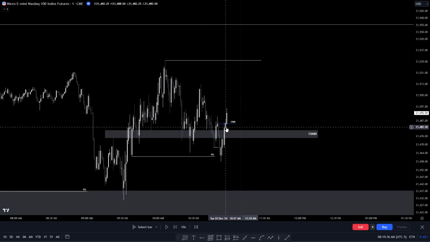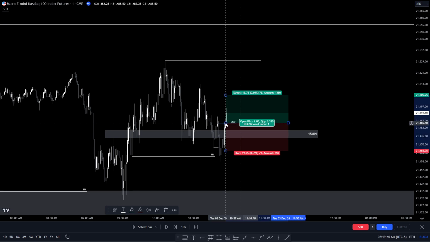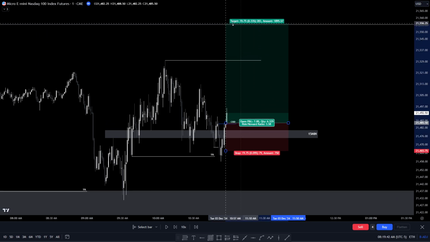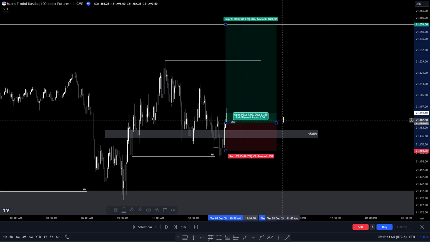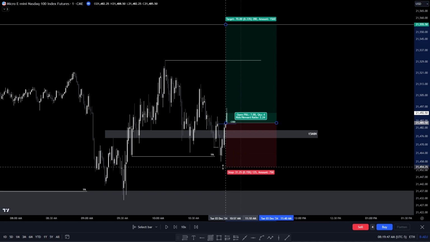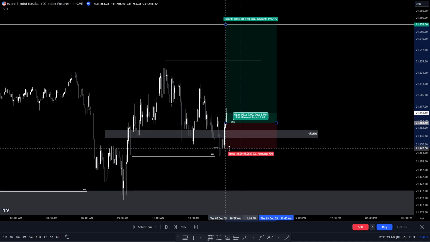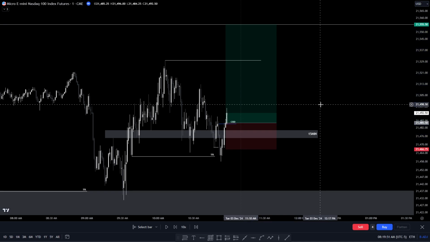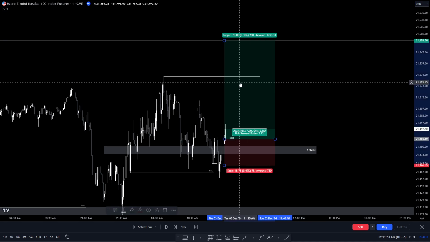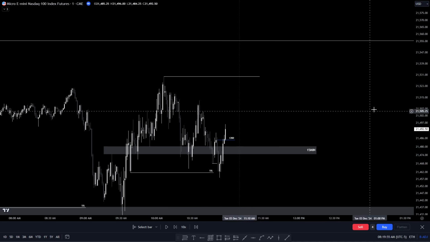Okay, get a closure right here. We're going to target this level, put our stop right below this candle low, and let's see what happens in this macro.